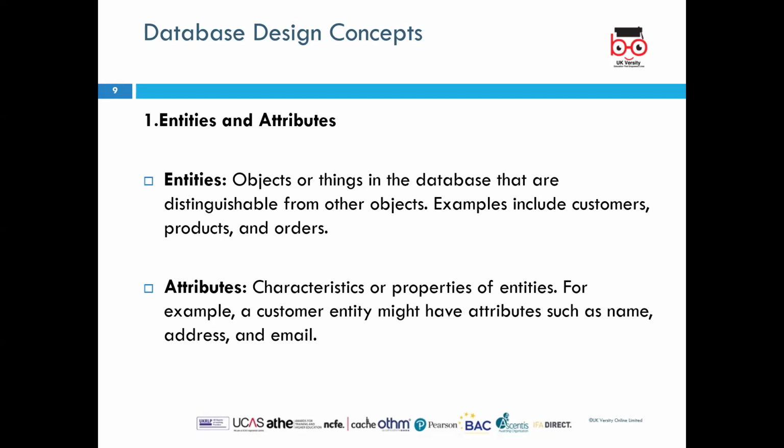So we're creating this visual schema, and we'll assign it a name. That is going to be our entity. And our entity will now have some attributes. Attributes are simply characteristics or properties of our entities. For example, this might have attributes such as name, address, or email of our entity.